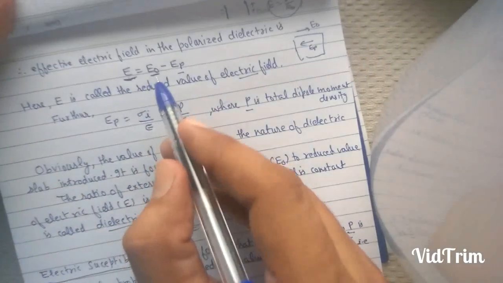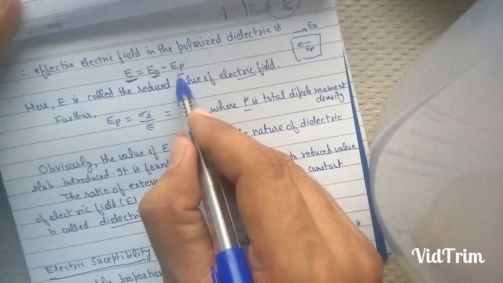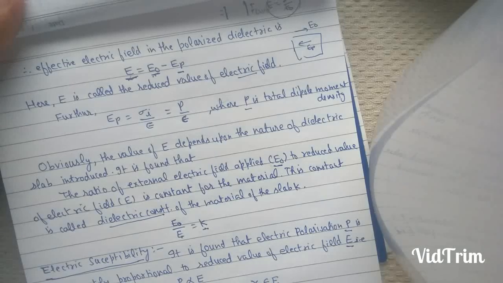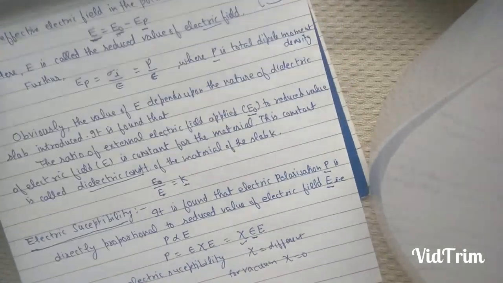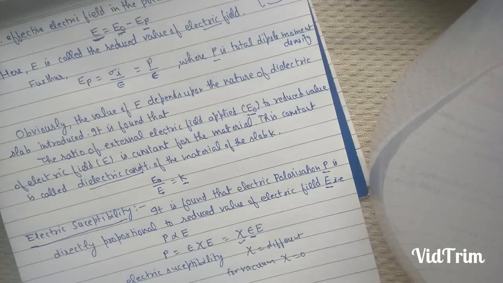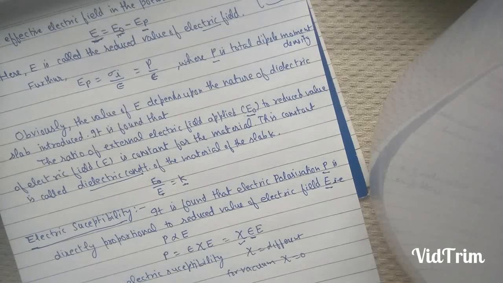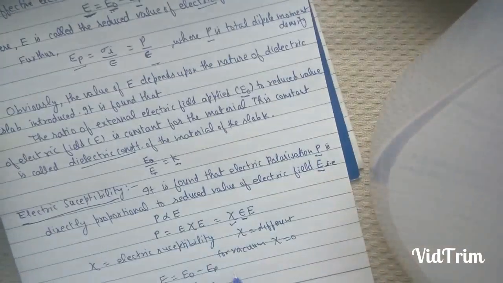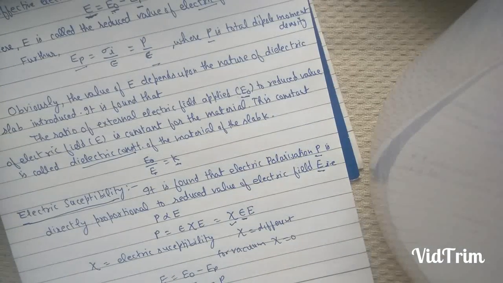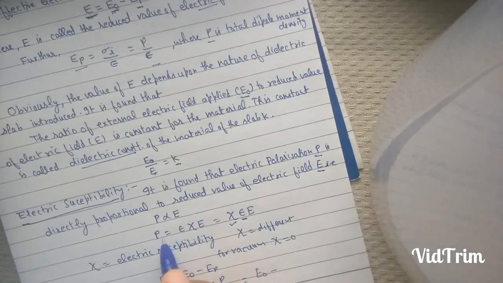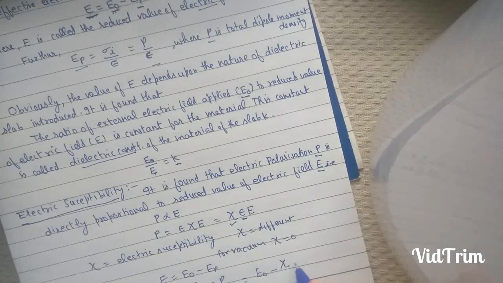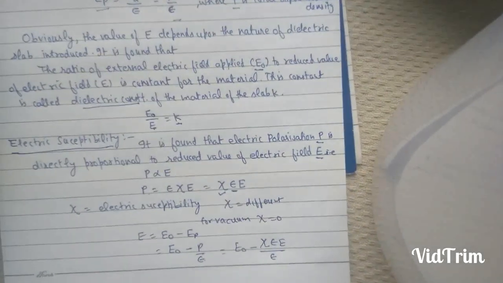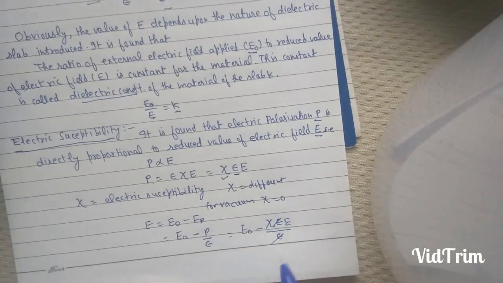Now, the reduced value of electric field E is equal to E naught minus EP. E naught is the external electric field, EP is the induced electric field due to induced charges. As we have calculated, EP is equal to P upon epsilon, and we can write P is equal to chi epsilon E. Now epsilon will cancel epsilon.